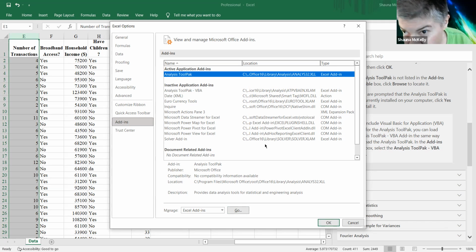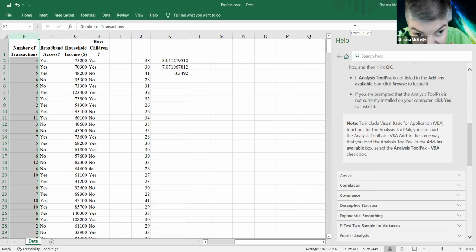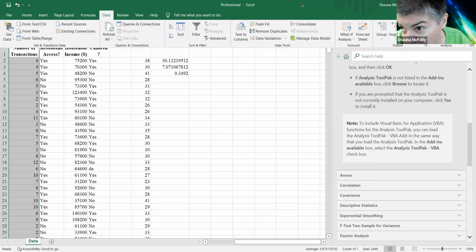Once you click go, it should be ready to add in. So then you go back and go to data. Click the data tab and see if you see data analysis at the far right. No, I don't see it now.